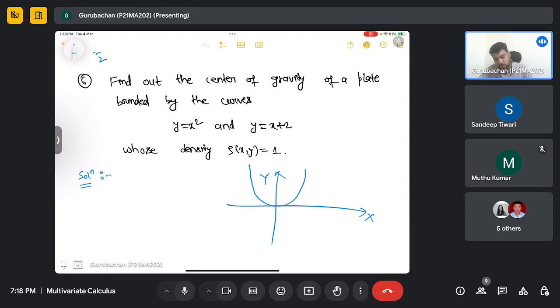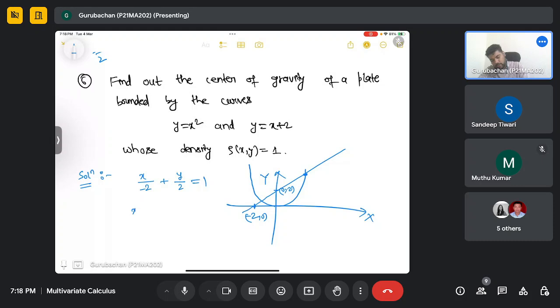And what is the equation of y equal to x plus 2? Sir, a line, intercepting at 2. y is equal to x plus 2, like this. This will be minus 2, comma 0, and this is 0, comma 2. So this will be intersecting like this.